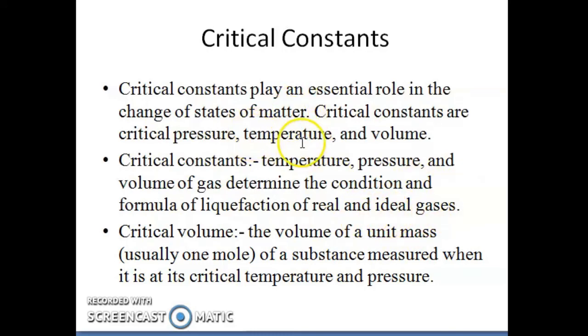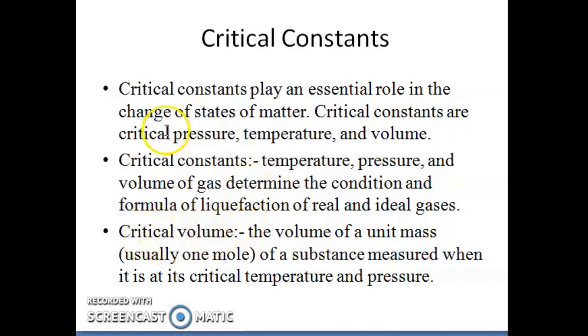The third constant, the critical volume, is the volume of a unit mass. Basically, we consider 1 mole of a substance measured when it is at its critical temperature and critical pressure. That we call the critical volume.